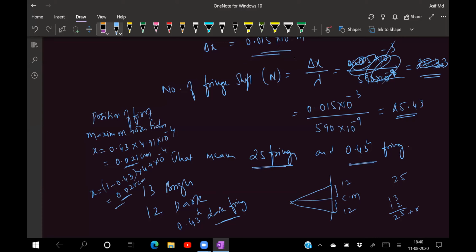Okay na? 0.43, అదే డార్క్ ఫ్రింజ్ ఉంది కదా మనకు అక్కడ. దాని తర్వాత మనకు బ్రైట్ ఫ్రింజ్ రావాలి కదా మాక్సిమం కండిషన్ తర్వాత. ఎగ్జాక్ట్ వాల్యూ 25 రావడం లేదు కదా, సో ఈ పాయింట్ ని కూడా మనం కన్సిడర్ చేసుకుంటున్నాం, 0.43 ని కూడా. ఓకేనా?